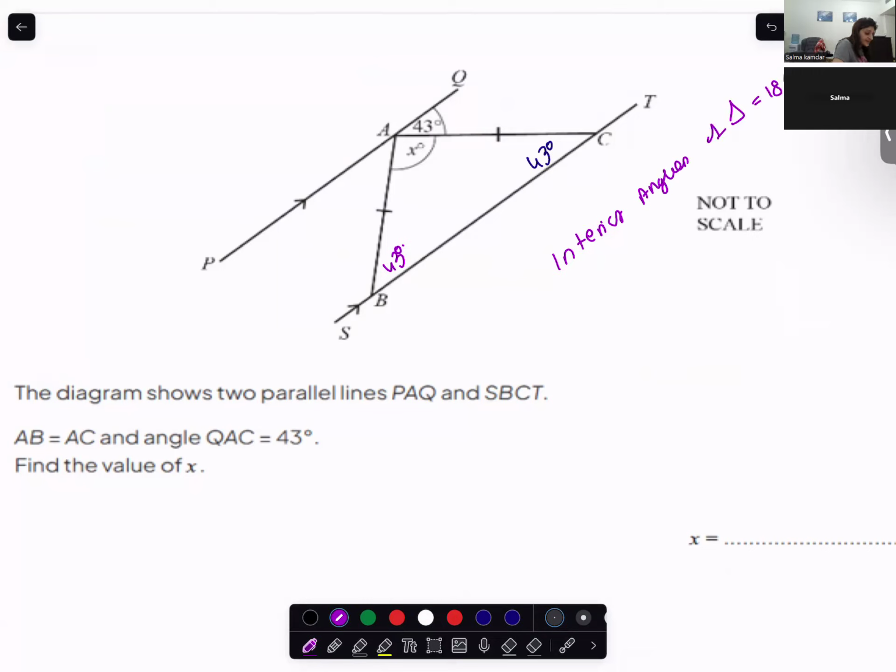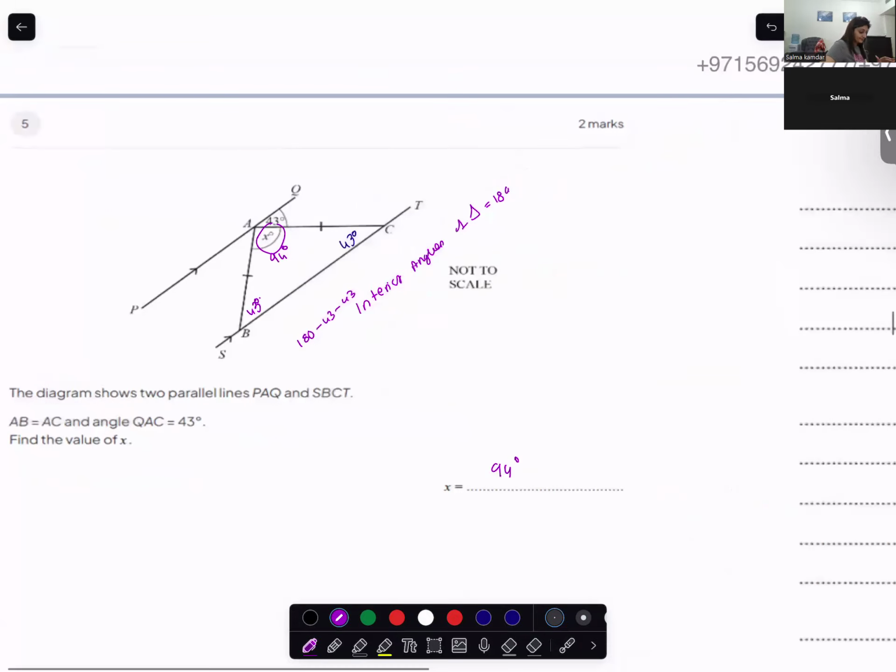Okay. If they sum up to 180 degrees, so I know 180 minus 43 is going to give me x. I use the calculator. 180 minus 43 minus 43. My x is going to be 94 degree. And I am done.